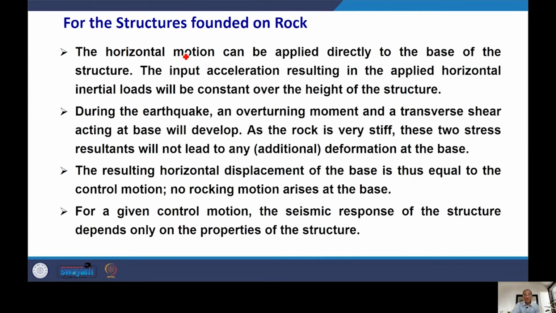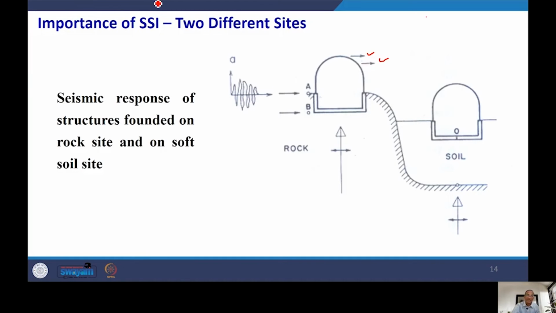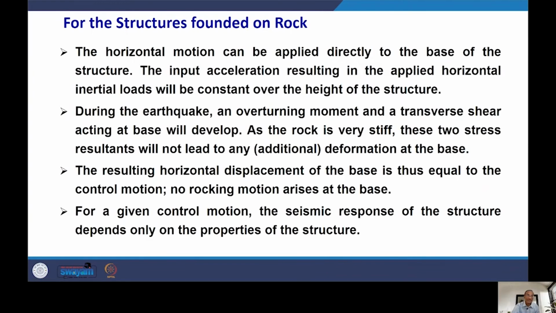The resulting horizontal displacement of the base is thus equal to the control motion. No rocking motion arises at the base. So whatever you apply at the base is the same as your input control motion, and the rocking component is neglected here. For a given control motion, the seismic response of the structure depends only on the properties of the structure.